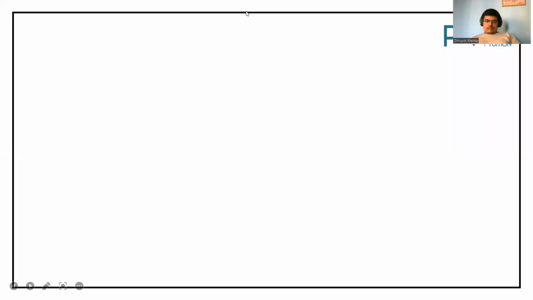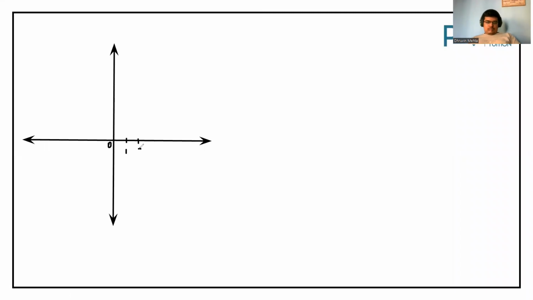Now let us take the graph of the log function. See, log of a negative number is not defined, you know that?